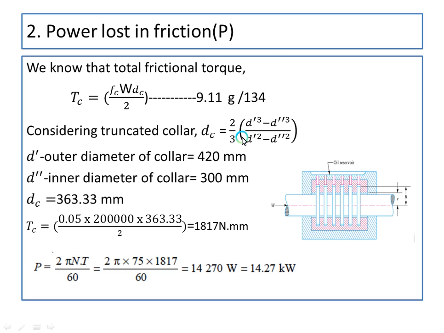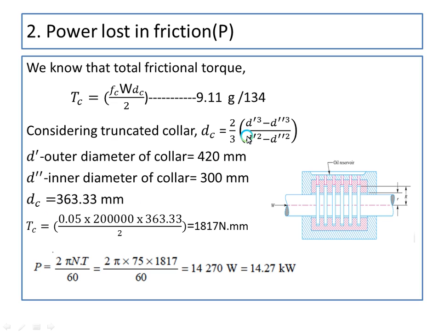Here d dash represents the outer diameter of the collar, that is 420 mm, and d double dash represents the inner diameter of the collar, that is 300 mm.